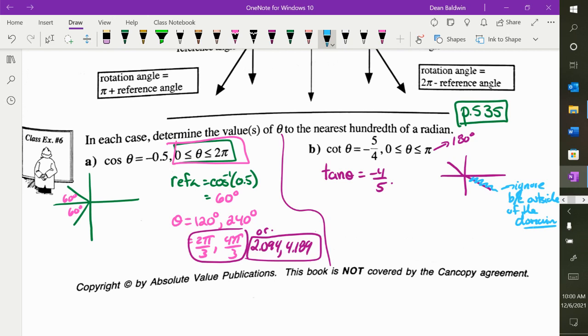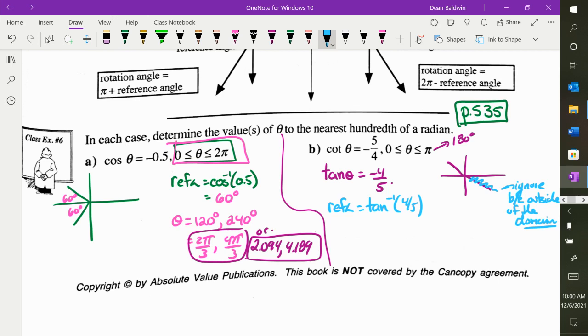Now we just need to find our reference angle. What's our reference angle? Sorry, what'd you get? 143? Don't use the negative, right? Tan to the minus 1 of 4 over 5. Don't use the negative.